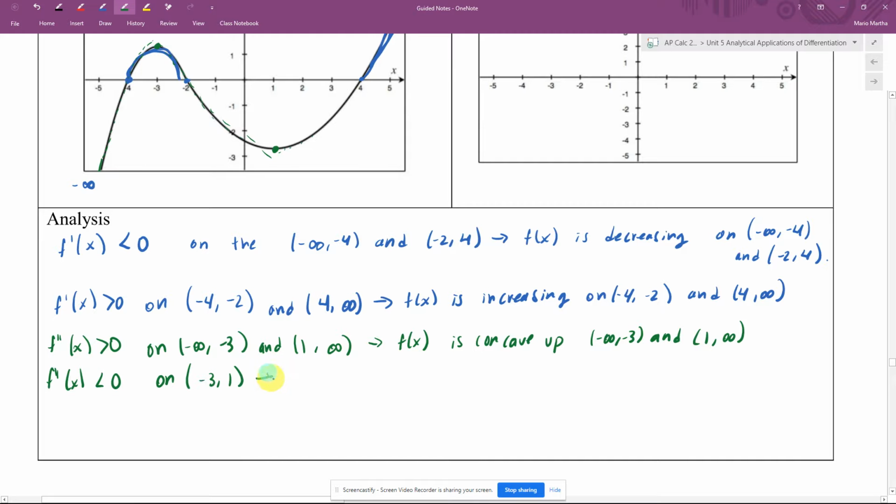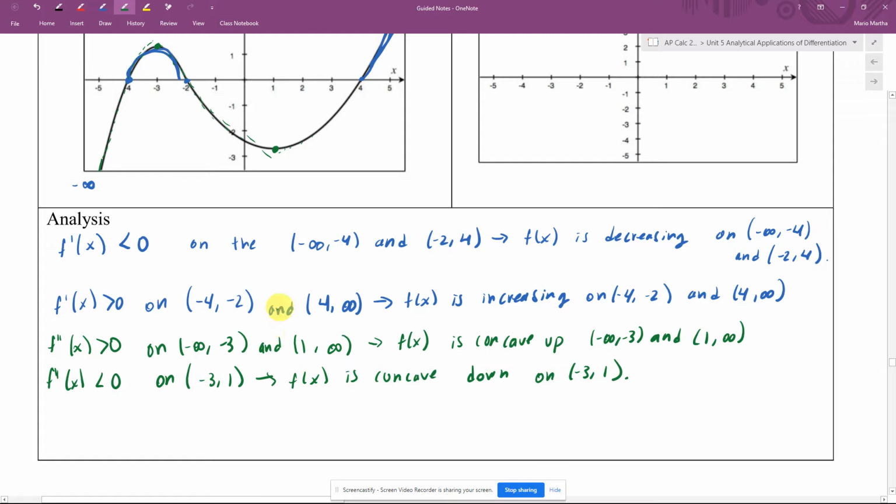So that means that's the only part where f of x is concave down, on negative 3 to positive 1. All right. And so that's just the behavior of f of x. When is it increasing? When is it decreasing? Whether it's concave up or concave down.